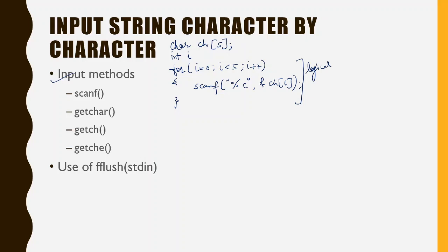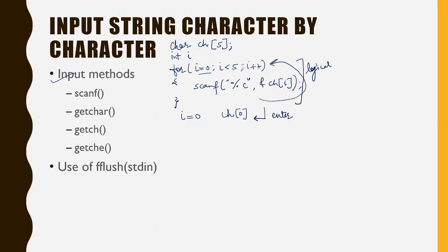Now the problem is that when the value of i is equal to 0, what will happen? You will take the value of ch0 as input and then press enter. Now this enter is also a character. This enter is also a valid character, and it will go to the next iteration.